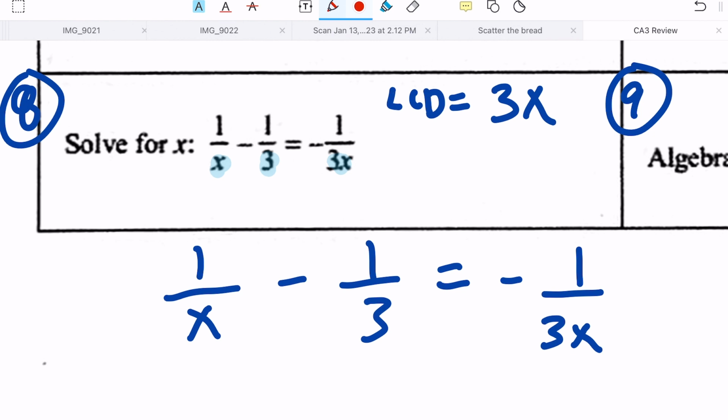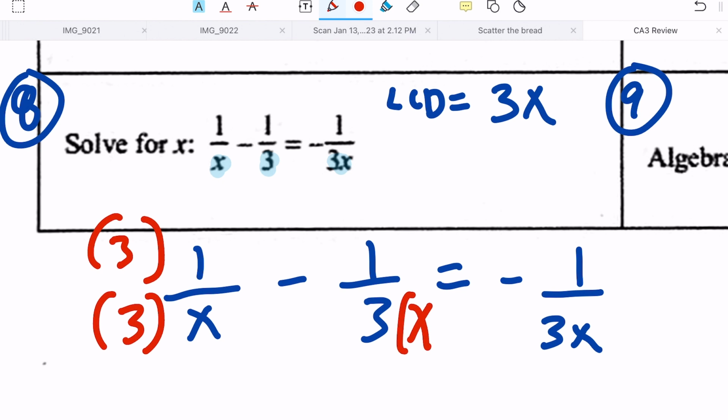That's missing a 3, so we're going to multiply the same thing on the top and the bottom. How about this next one? What's this one missing? An x. And the last one is not missing anything, so we don't have to multiply anything.